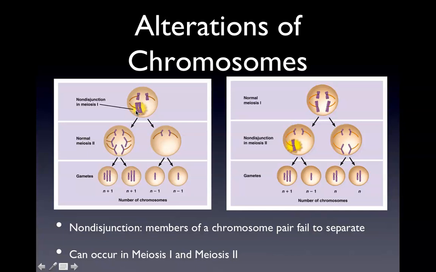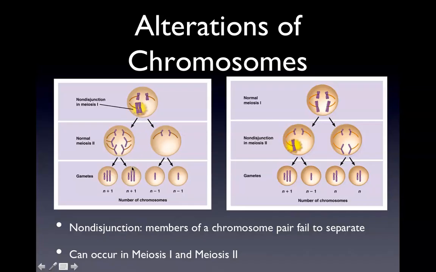So you end up going through normal meiosis 2, but this cell only got a quarter of the information, this cell got 3/4. Okay, so instead of being a nice 50-50 split, we get an uneven split here.